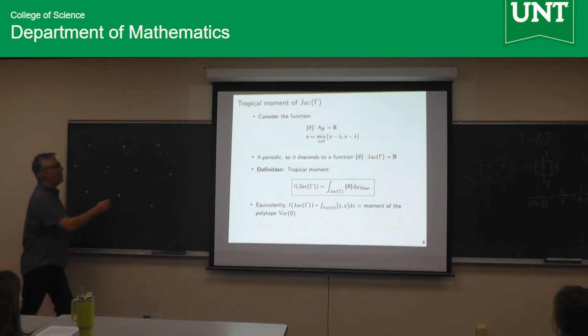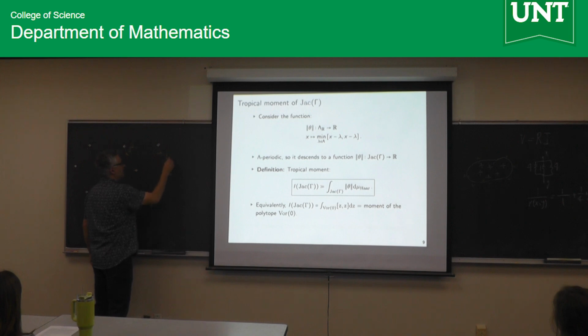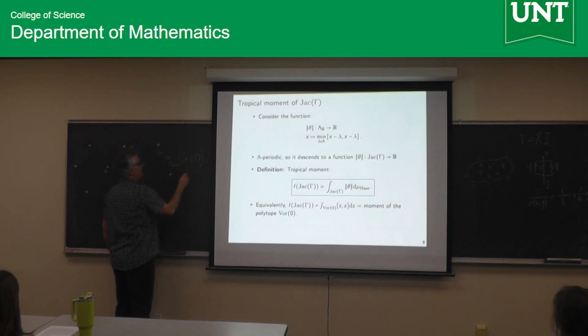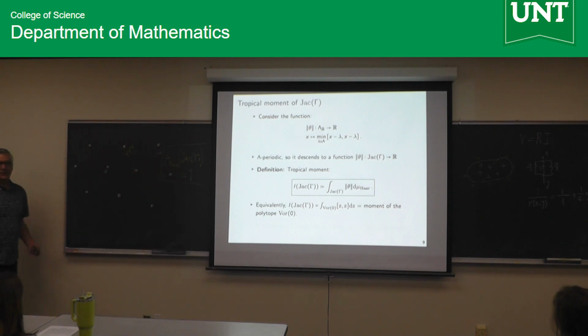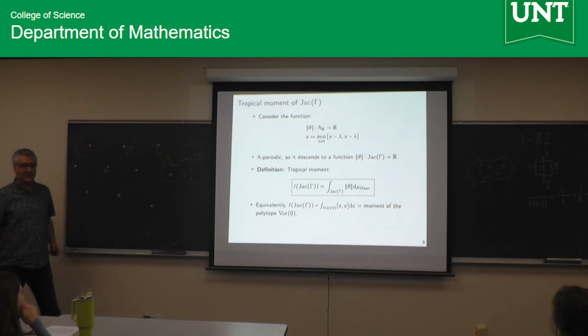I'm insisting that the Haar measure of the Jacobian is 1. I have to normalize it one way, but there is one obvious choice, and I've done that. Otherwise, what I'm defining is well defined only up to a constant, which doesn't make sense. It's just a quantity.